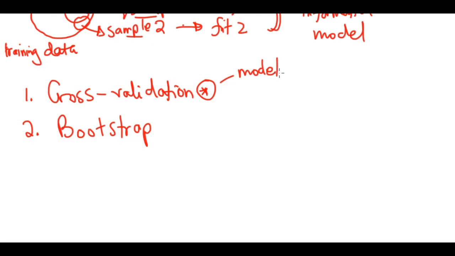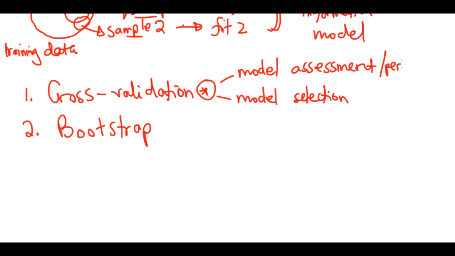So it's model assessment and model selection. What do these terms mean? Model assessment is the process of evaluating how our method is performing, that is, how well our model is performing.